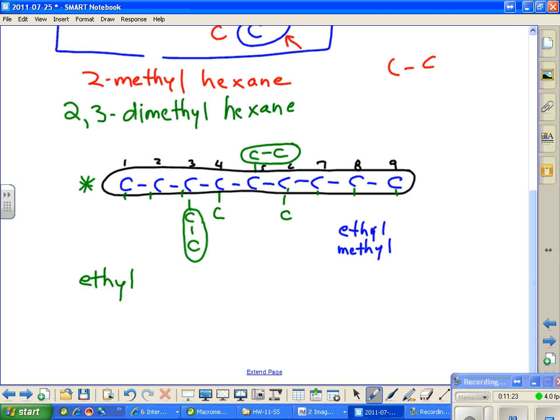So this is 3, 5. How many ethyls? Diethyl. And the longest chain is nonane. Starting to make a little bit of sense? Cool.